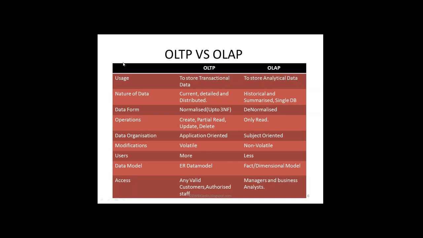Distributed in the sense, as I have discussed previously, the customer details like customer name and all the entire details will be stored in one database. And the stock details of our store, we are maintaining in some other database.